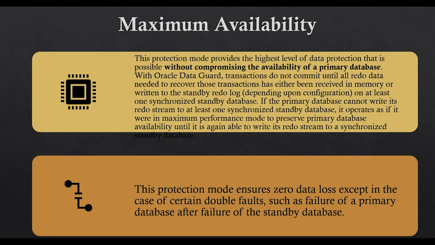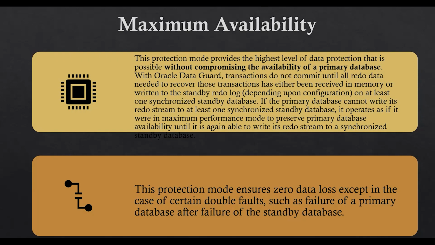Whenever we talk about maximum protection mode, it provides the highest level of data protection that is possible without compromising the availability of the primary database. That means your primary database has to be available throughout. With Oracle Data Guard, transactions do not commit until all the redo needed to recover those transactions has been either received in memory or written to the standby redo log.